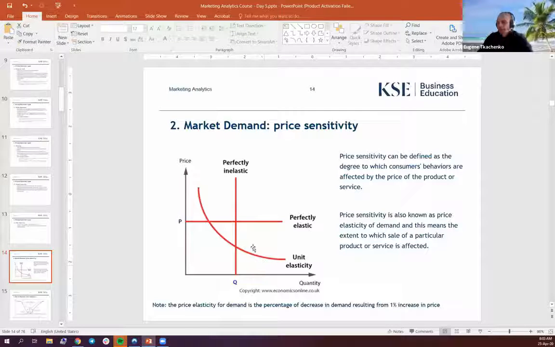So when we're talking about perfectly inelastic and perfectly elastic types of elasticity, we are talking about something which has real and strong demand on the market, but at the same time limited supply, or something which is positioned in terms of brand that people cannot refuse to buy from you.